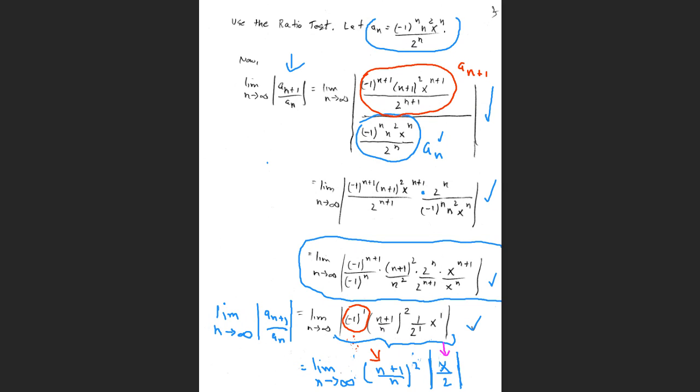Now that doesn't mean that the power series would converge for any x value, but we can't bring the x value outside of the absolute value like we could the n plus 1 over n squared. So all right, let's go to the next page. If we're good with this, let's continue simplifying this.